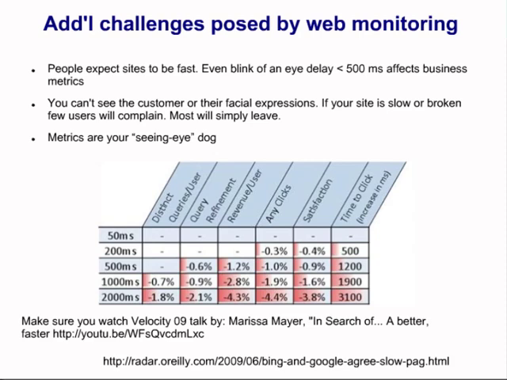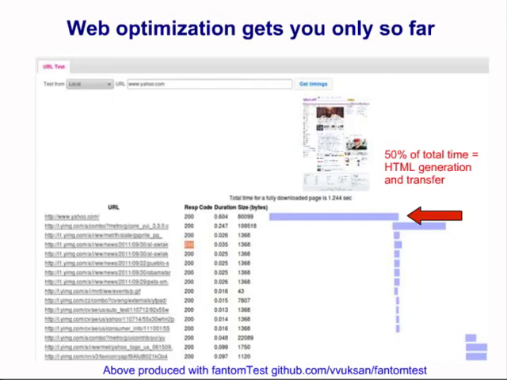There are a lot of aspects to web optimization. I picked the Yahoo website because they have it well optimized as far as CSS, JavaScript, and making things fast. However, in this particular example where I pulled it, 50% of the length of a request is HTML generation.